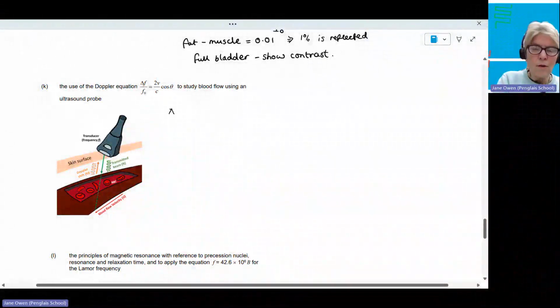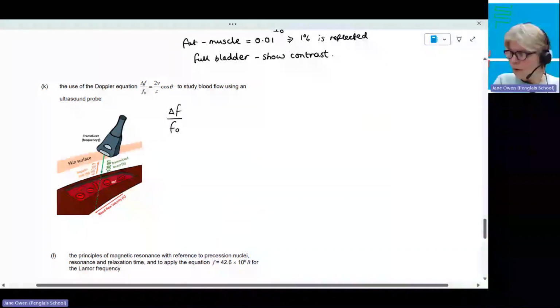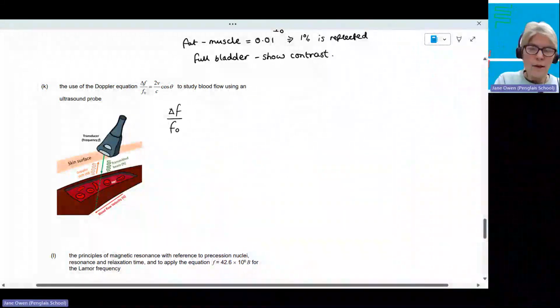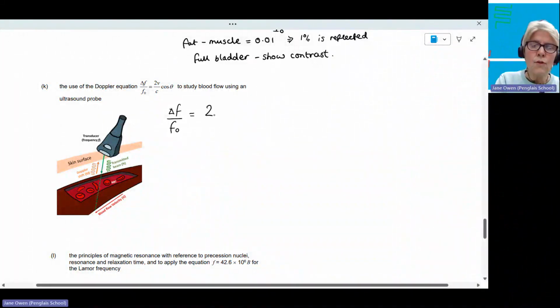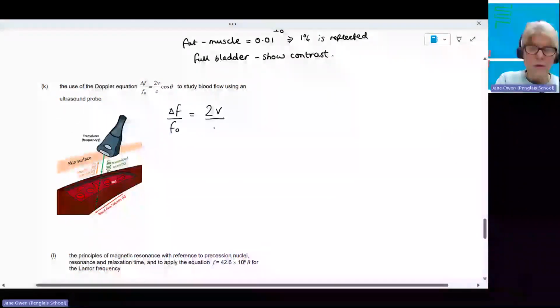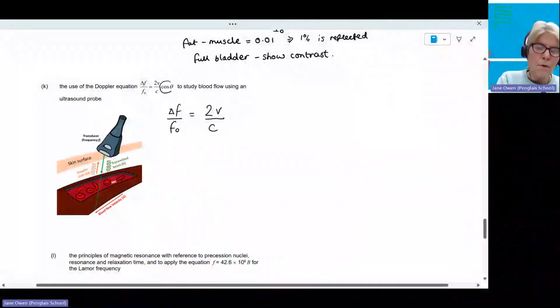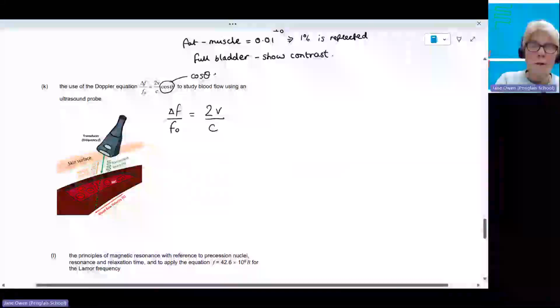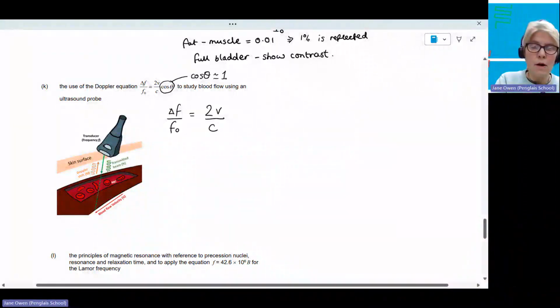So we can use change in frequency over the incident frequency is equal to 2 times, because you've got 2 lots of Doppler effects, V over C, and we can approximate for small angles. We can use that approximation that cos theta is roughly equal to 1, and we don't need to include it.